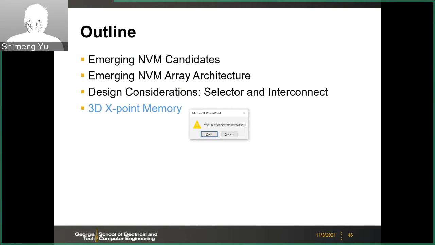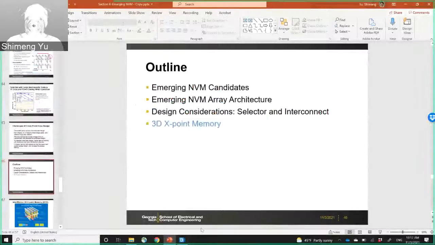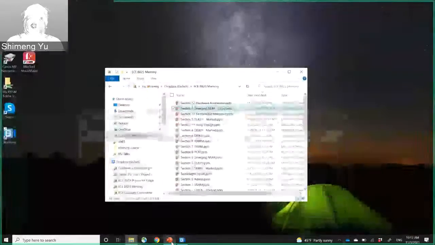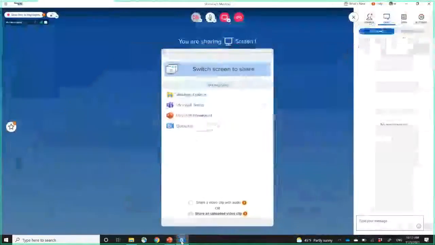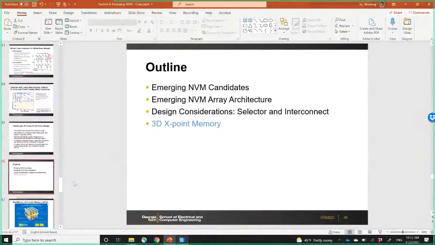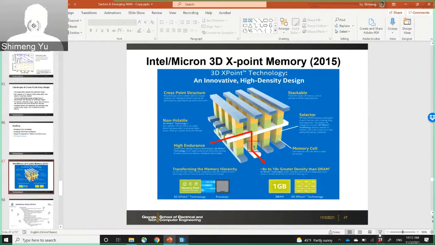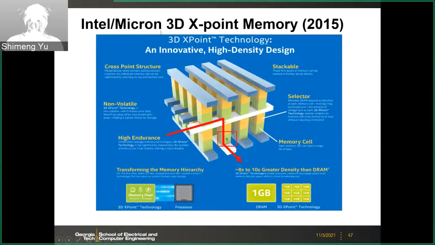All right, so the last topic for today will be the 3D XPoint. This is a commercialized technology first invented by Intel and Micron jointly back in 2015. They really made this crosspoint array and made it a 2-stack, so they call it 3D XPoint.